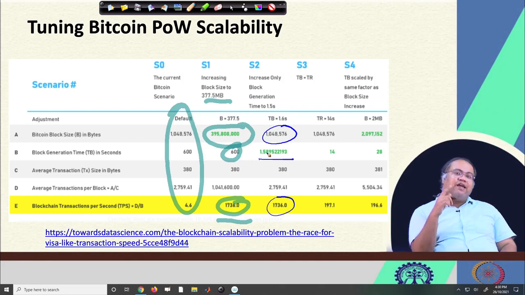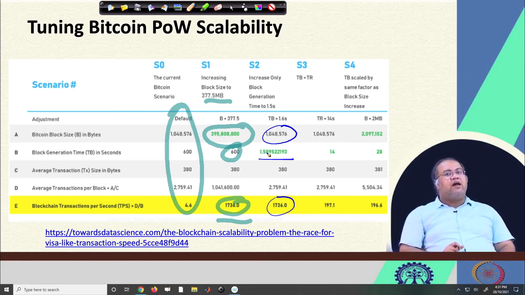That means every 1.5 seconds you need to mine a new block. To mine a new block within 1.5 seconds, you need to reduce the complexity of the hash challenge significantly, because the miners need to quickly find out the hash, that is, the value of the nonce.